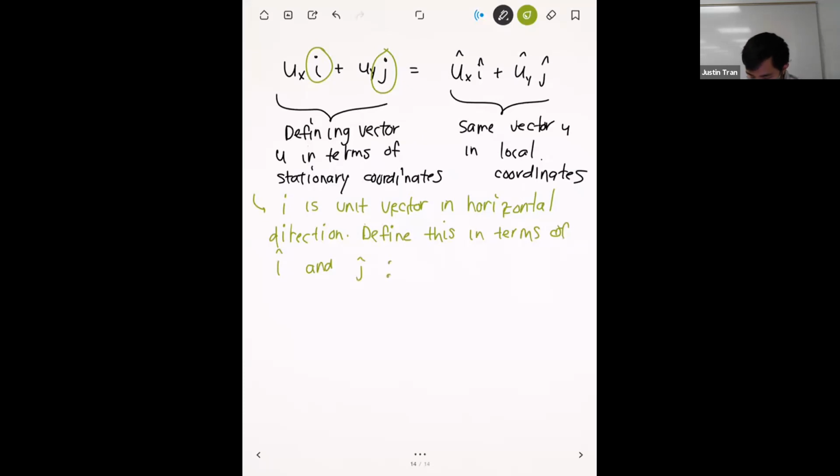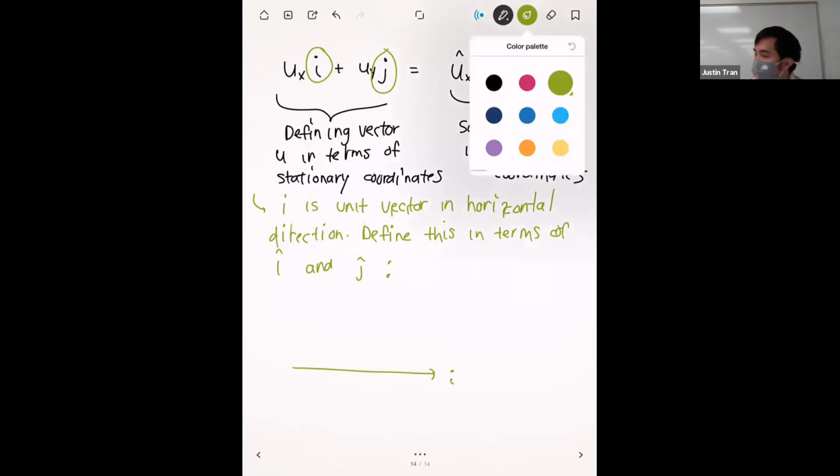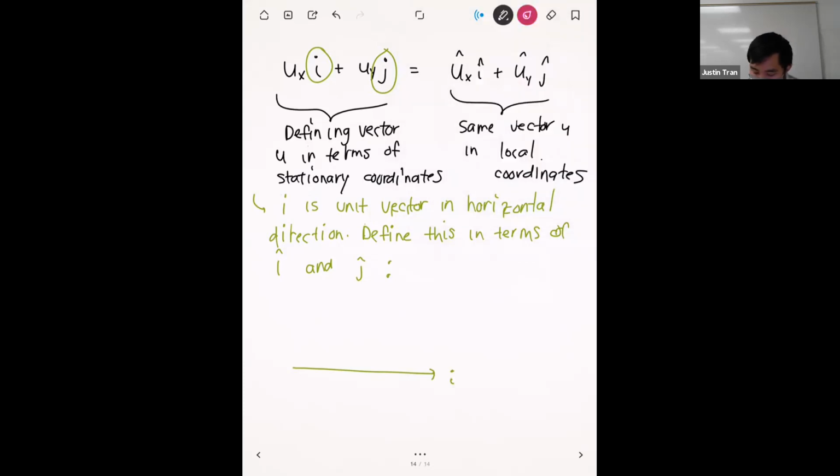All right. And so let me start by drawing a unit vector I. Right, so unit vector I is just perfectly horizontal, because it's a unit vector in the stationary x direction. And then now I'm going to draw in the components of this vector in the local coordinates.